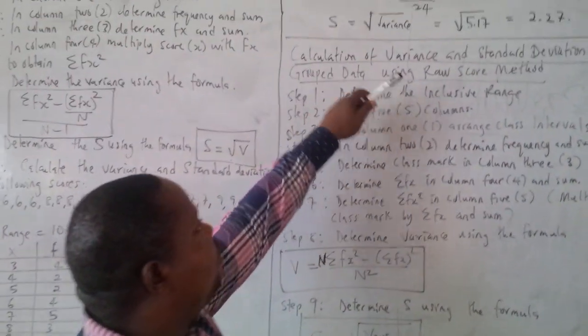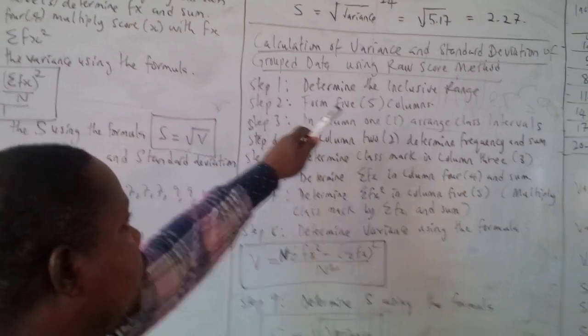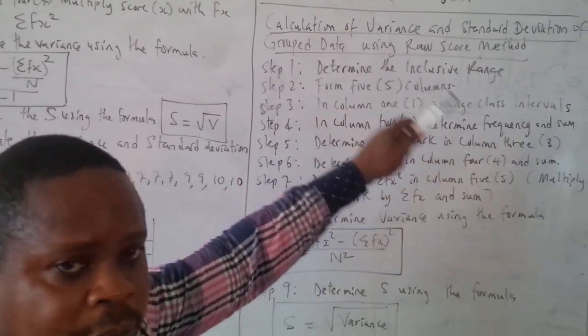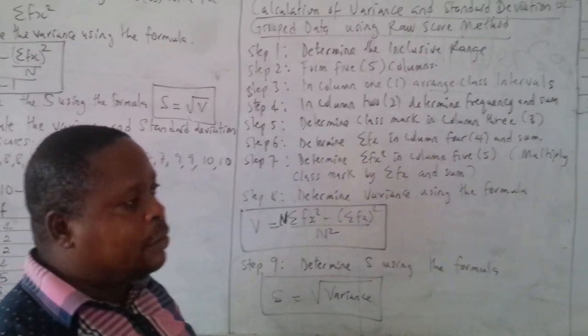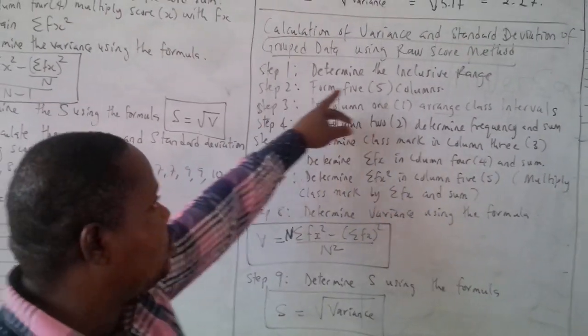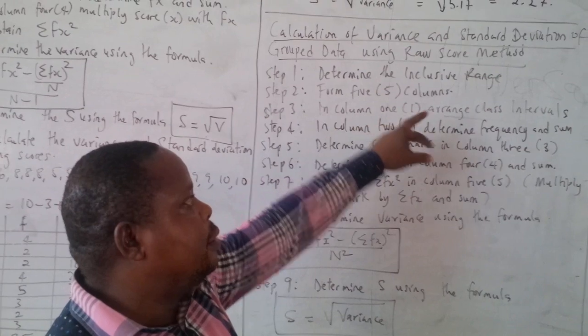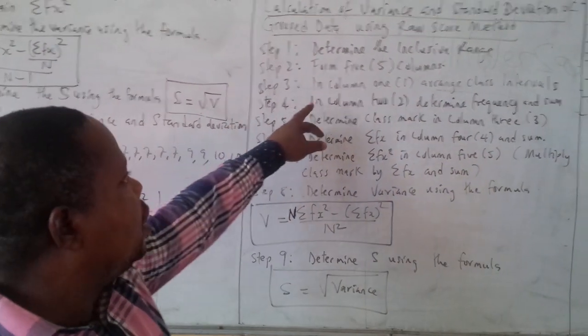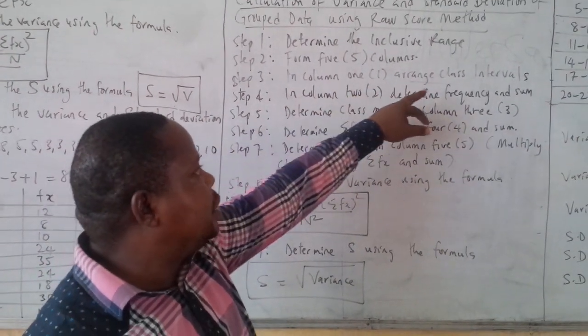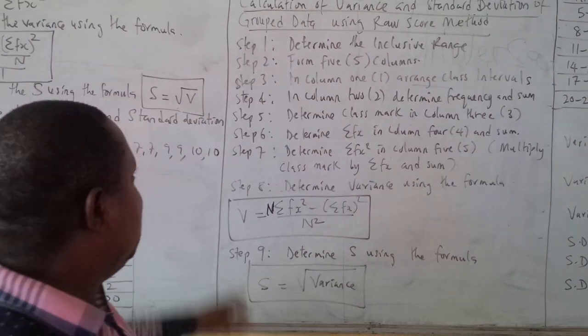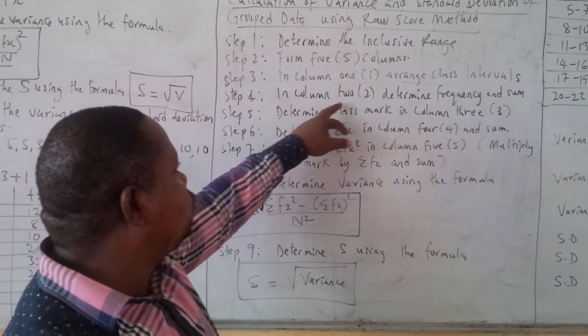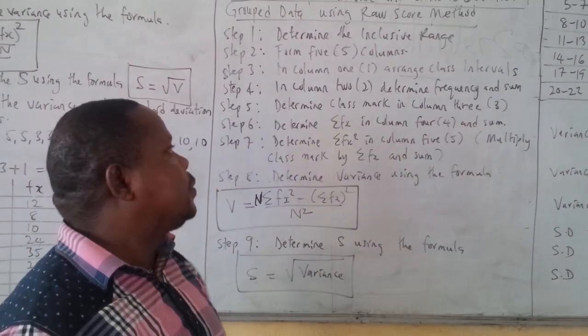Now, to calculate variance and standard deviation of grouped data using the Raw Score method, there are also steps to follow. Step 1 is to determine the inclusive range, step 2 is to form 5 columns, and step 3, in column 1 arrange class intervals. Step 4, in column 2 determine frequency and sum.